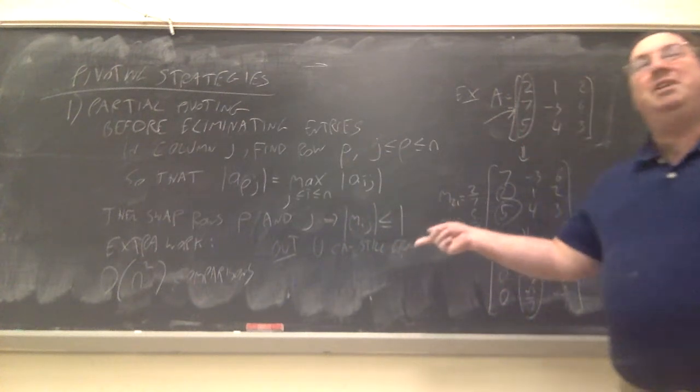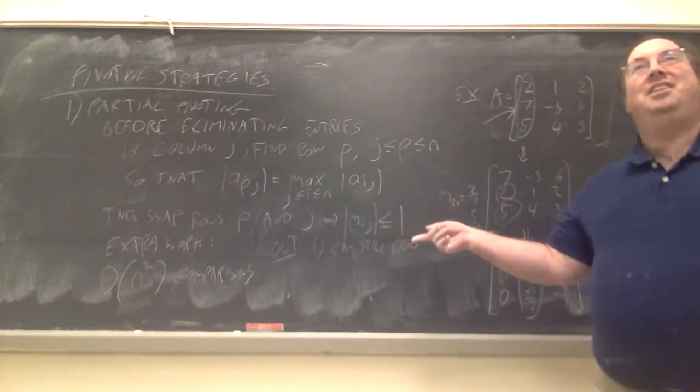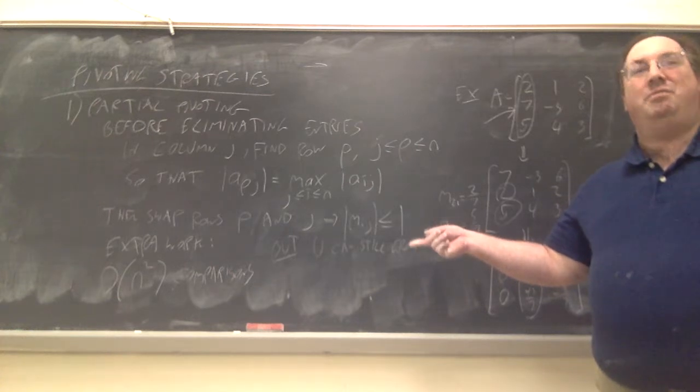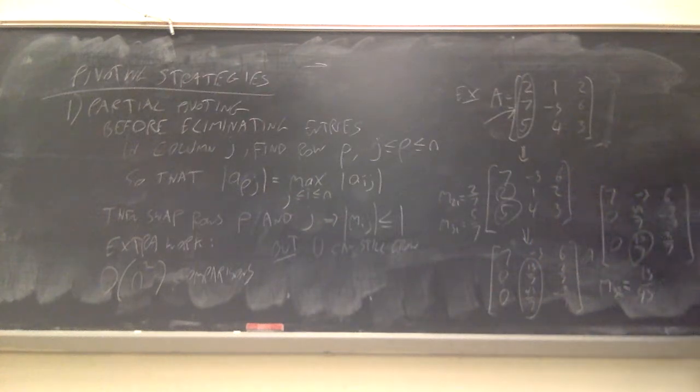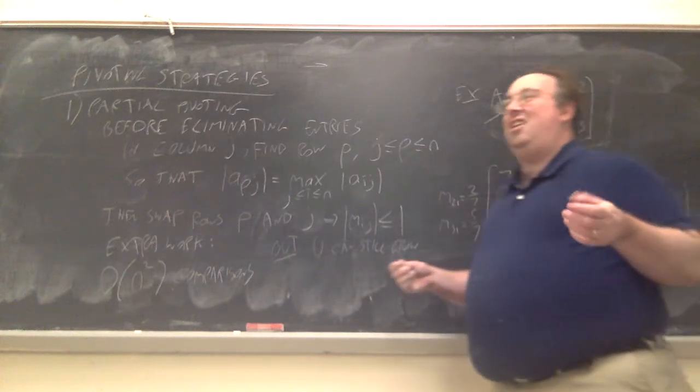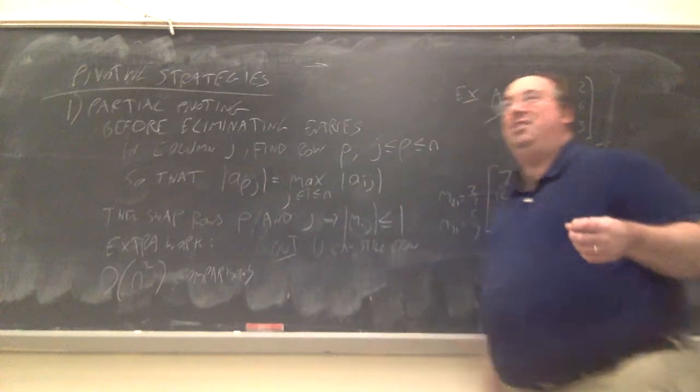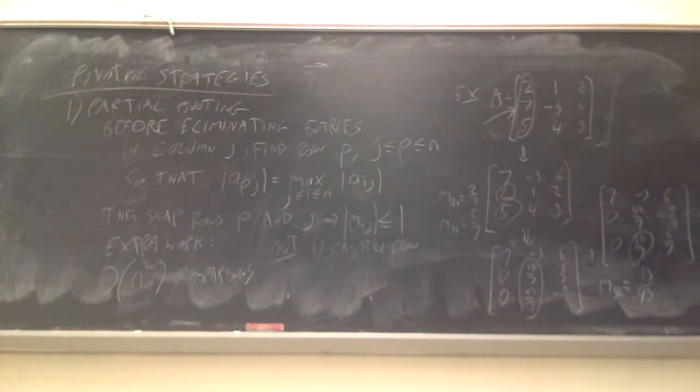Now, how come this is not a big deal? Because that's not a big amount, compared to n cubed, the amount of work we're already doing for Gaussian elimination. Especially when n is large, this is negligible compared to that. So this is the most common method that is used.